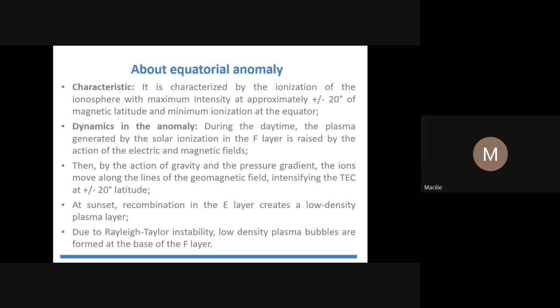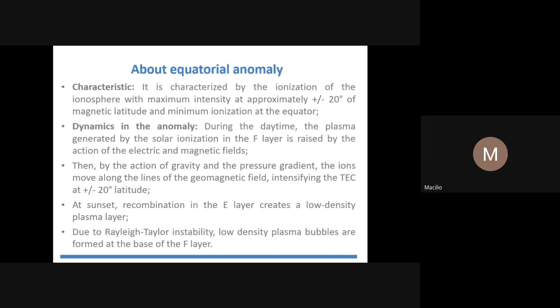Then we have a low density layer together with a high density layer, and due to the instability in this plasma, called Rayleigh-Taylor instability, it creates plasma bubbles in the base of the F layer. These bubbles represent the irregularities that distort the GNSS signal.